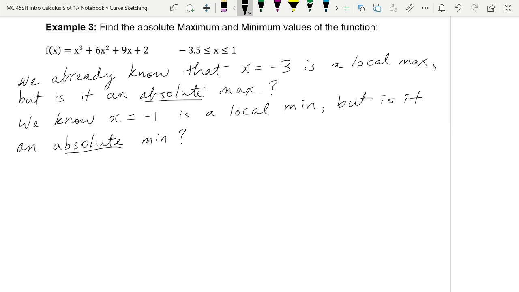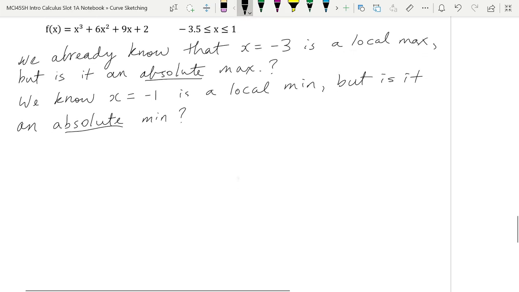And so what's our strategy here? What would prevent our x equals -3 spot from being an absolute max? Well, what would prevent this from being an absolute maximum is if the function at this endpoint to the right, when x is 1, has a higher y value than the y value here.